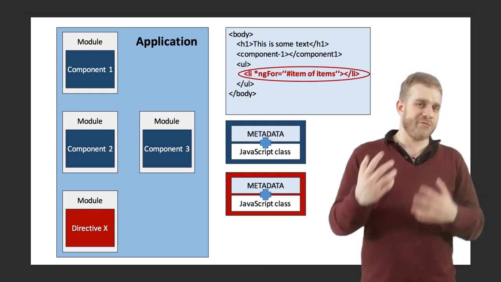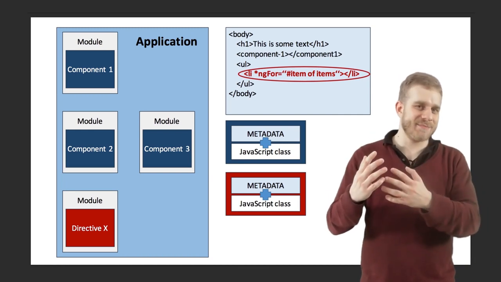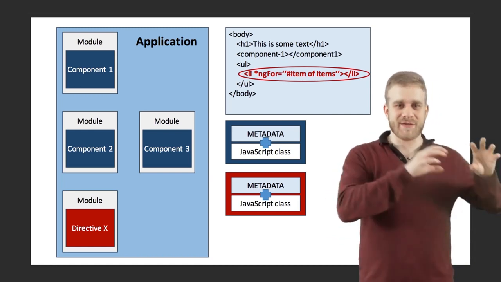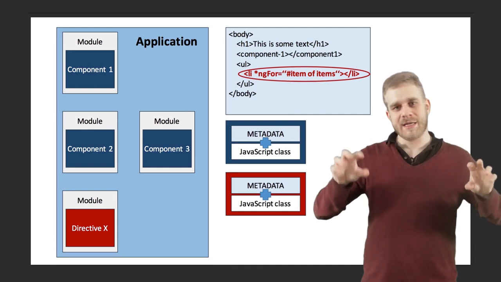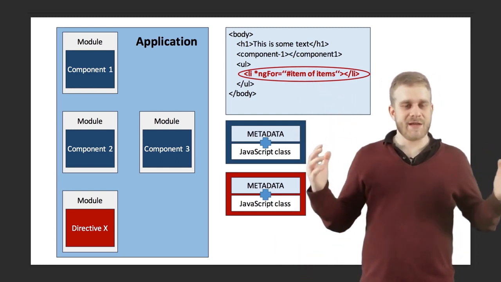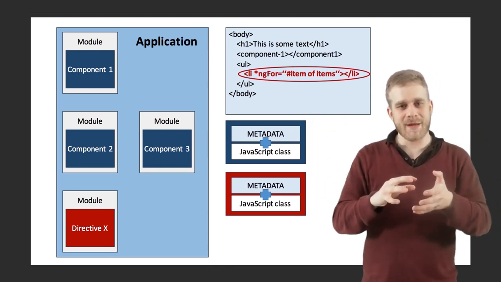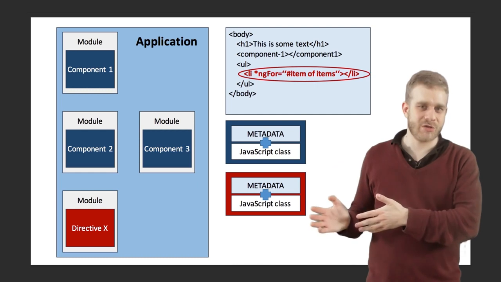And now the configuration for this component, directive, whatever, is inside this metadata we attach. So we have JavaScript classes plus metadata equals component, directive, whatever. And then we take these components, directives, whatever, and build up our apps from them because they are, again, modular.